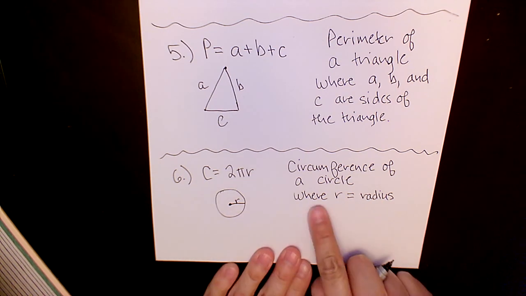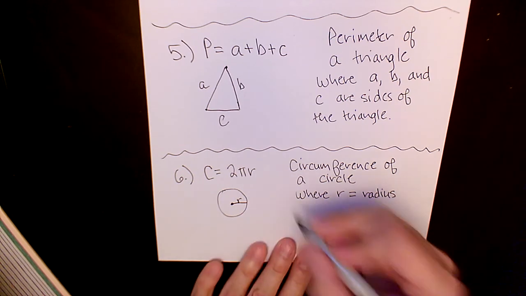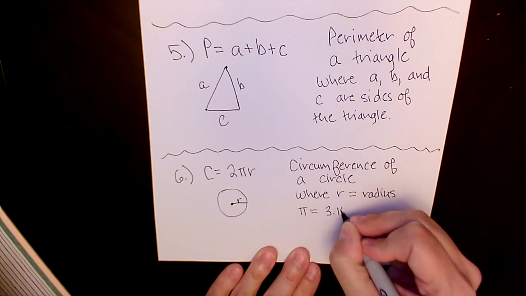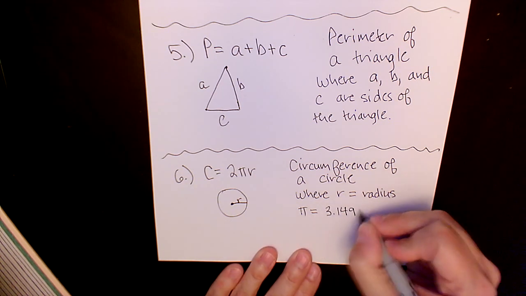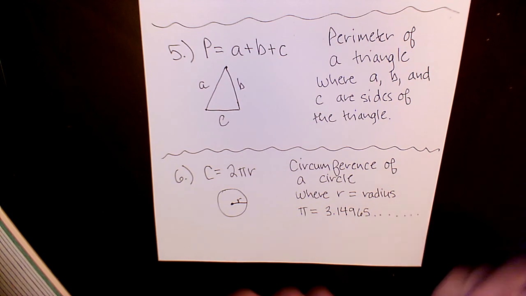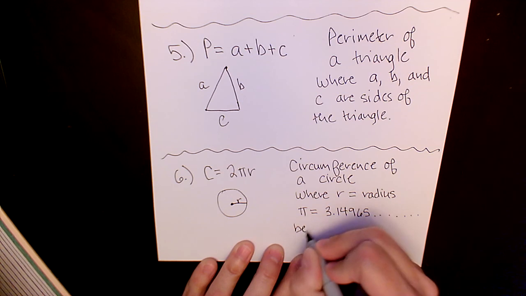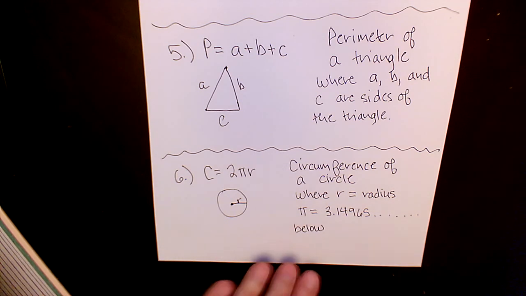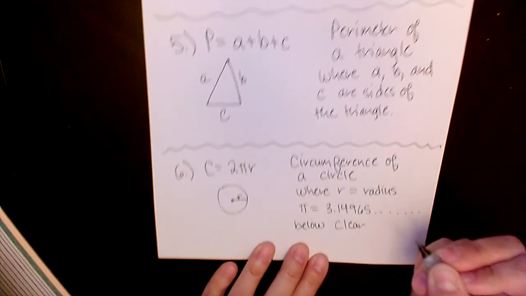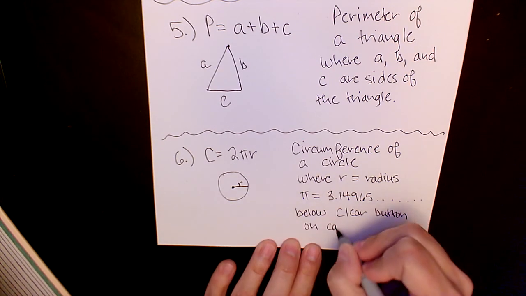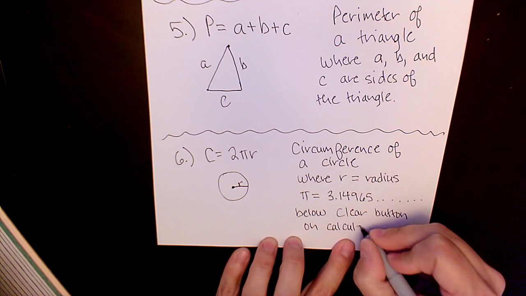So that's what they're talking about when you see R. And pi keeps going on and on and on, so I wouldn't worry about that. I would just know that it's on your calculator. I'm looking for it. Oh, it's right below the clear button on your calculator. And like I said, it's also on your keypad.